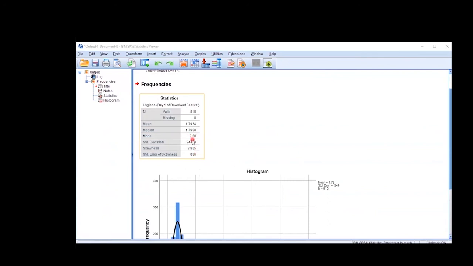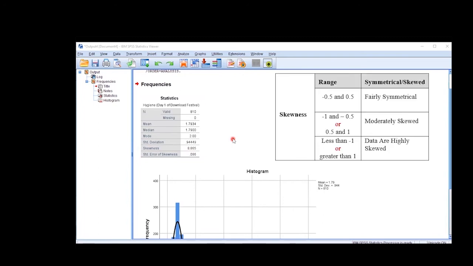The standard deviation is 0.9444. And then the skewness, in which basically we are interested, the skewness is 8.865. Now I would like to share some rules of thumb to check the value of the skewness, which are also appearing on your screen.